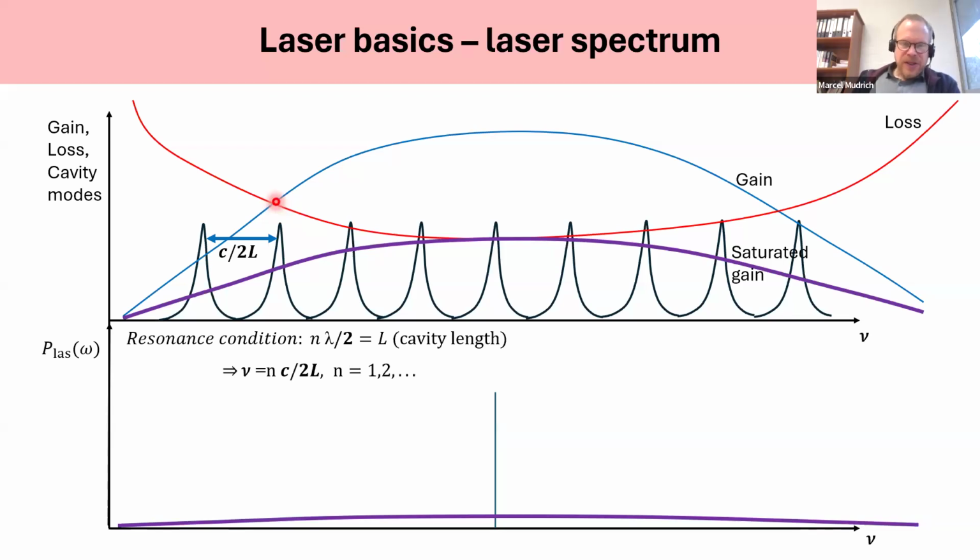But we have just discussed that when CW lasing occurs, the gain is saturated, is depleted. I mean, gain is proportional to the inversion. That's essentially just given by the inversion. Then the gain is depleted down to the loss curve.